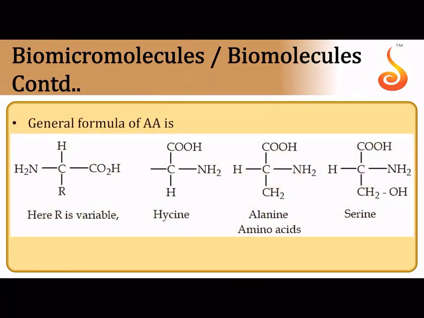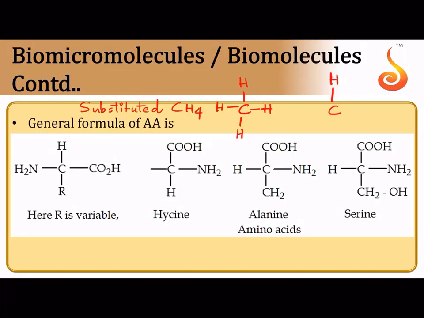We can consider amino acid as a substituted methane. Now why do we call it a substituted methane? Because methane has 4 hydrogen atoms attached to the central carbon. Now here, you retain one of the hydrogens.